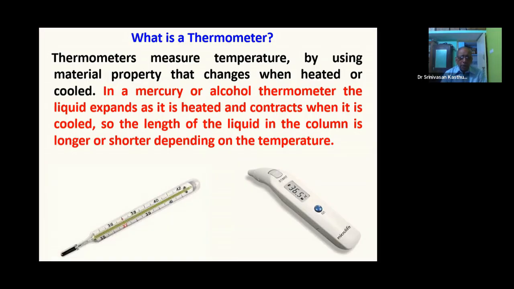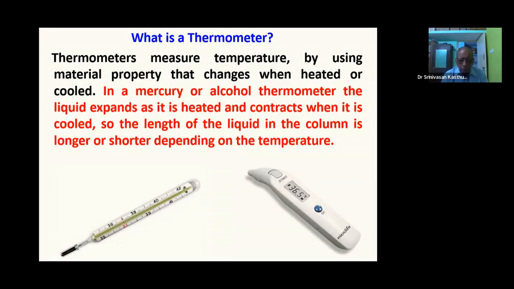In the case of a mercury or alcohol thermometer, which we have already seen in an earlier class, the volume expansion of the liquid is used as it is heated, and the volume decreases when it is cooled. So the length of the liquid column is either longer or shorter depending on the temperature, and you will be able to measure the temperature.